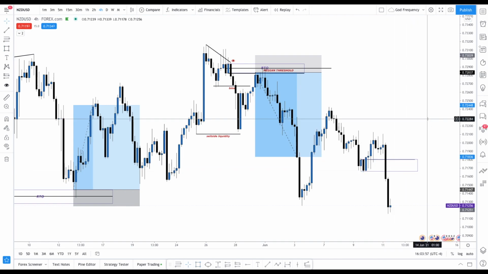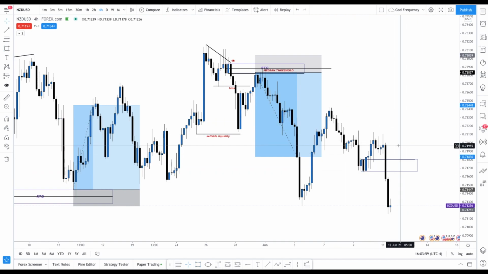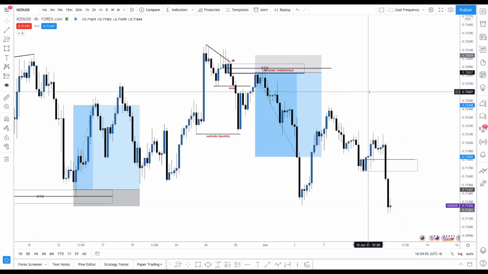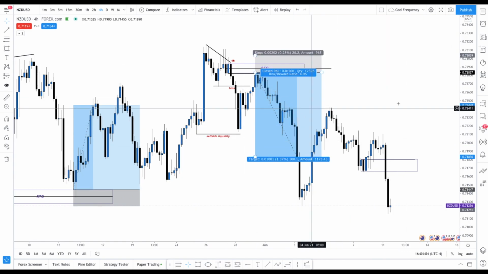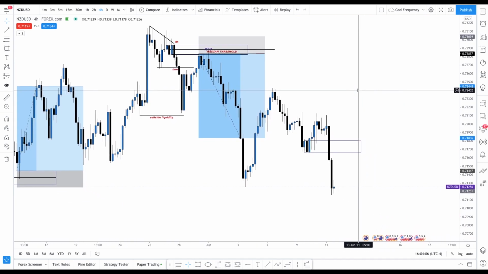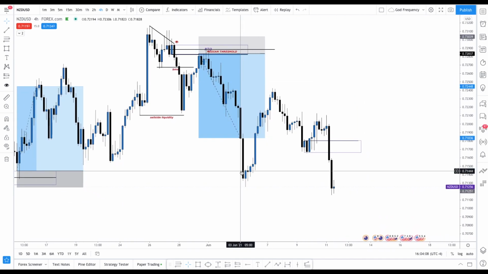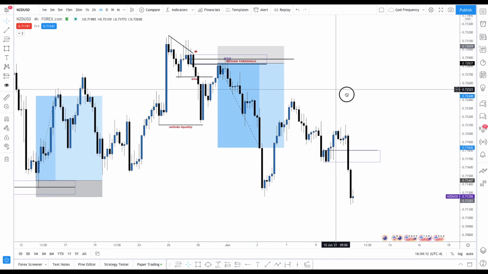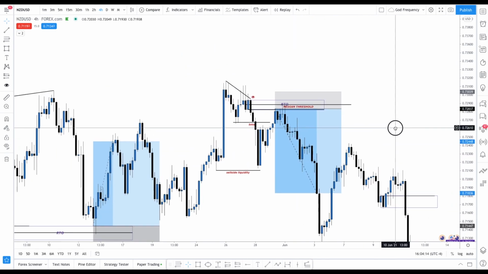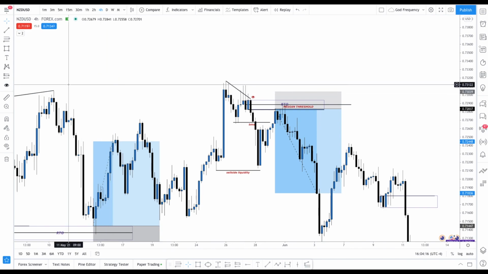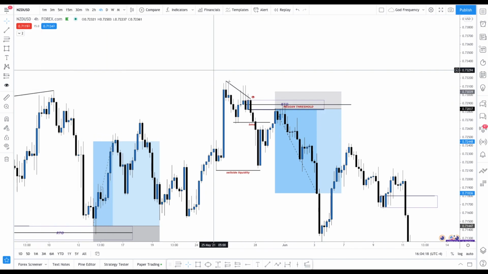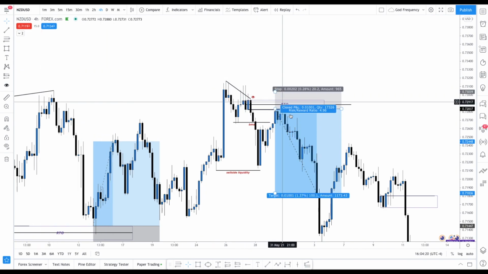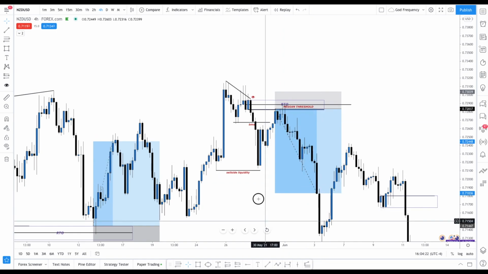The reason why this failed is because you can see that they've already taken all of the buy side liquidity. So this shift in market structure showed us that they were willing to go down.